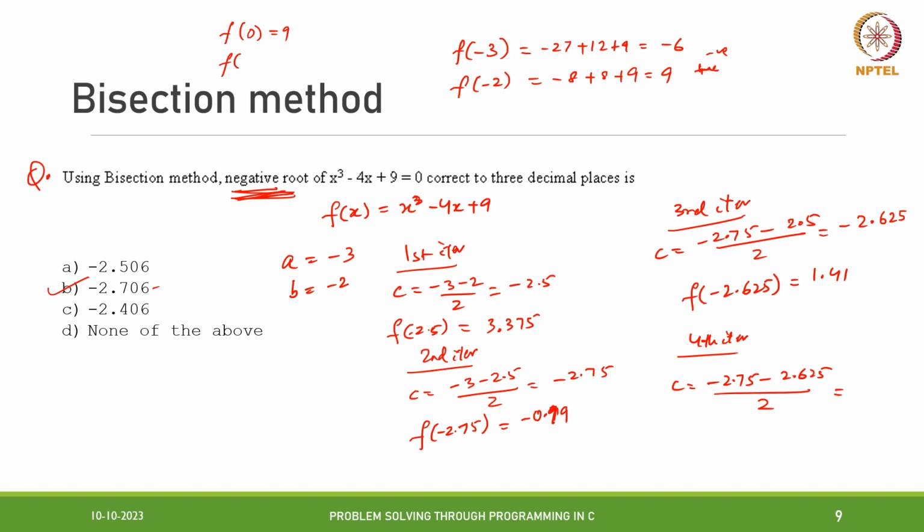Even in numeric type questions, you will not be expected to find the root exactly. It will always be some very small value, like 0.000 something. So you need to keep that in mind while doing that.